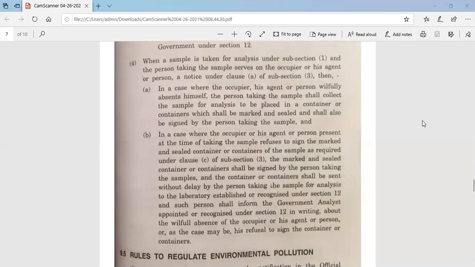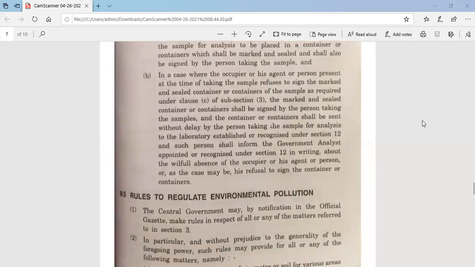In a case where the occupier, his agent or person present at the time of taking the sample refuses to sign the marked and sealed container or containers of the samples as required under clause C of subsection 3, the marked and sealed container or containers shall be signed by the person taking the samples, and the container or containers shall be sent without delay by the person taking the sample for analysis to the laboratory established or recognized under section 12.